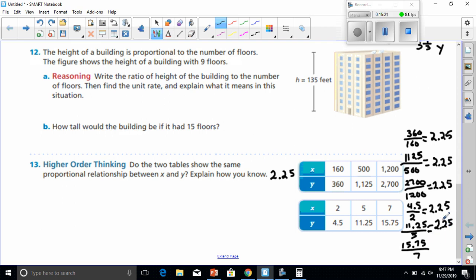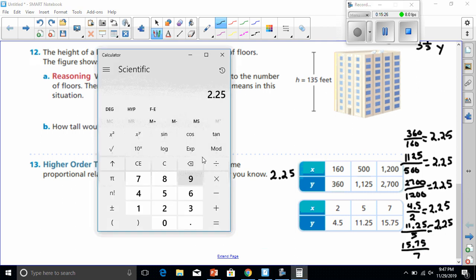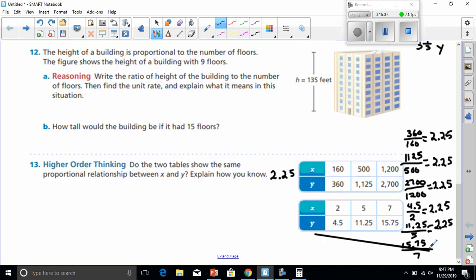And the last one is 15.75 divided by 7. That's also 2.25. Well, now I know that the second one also has a proportional relationship, and the ratio is 2.25.